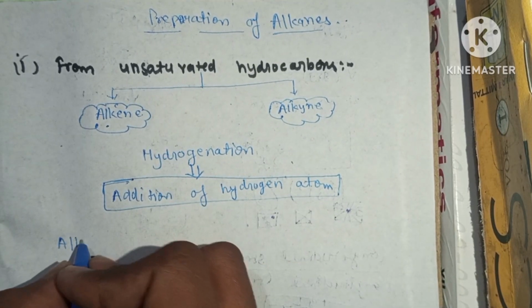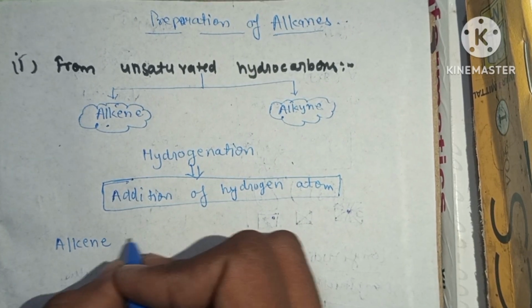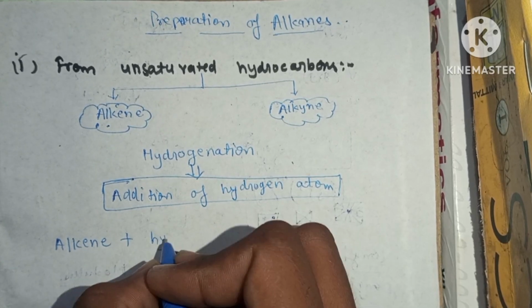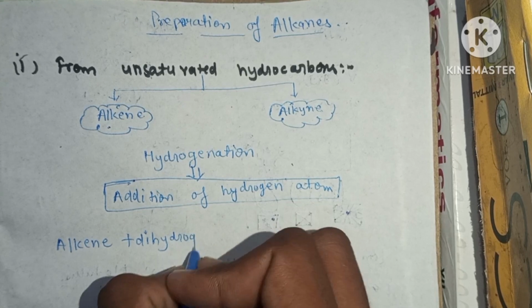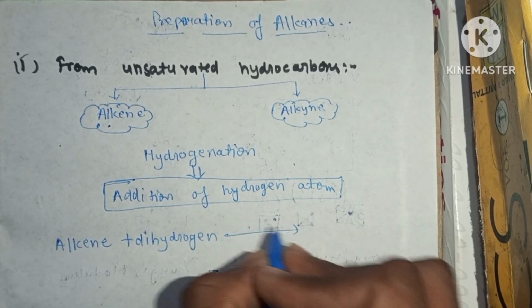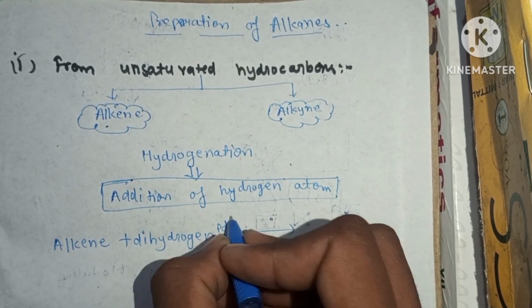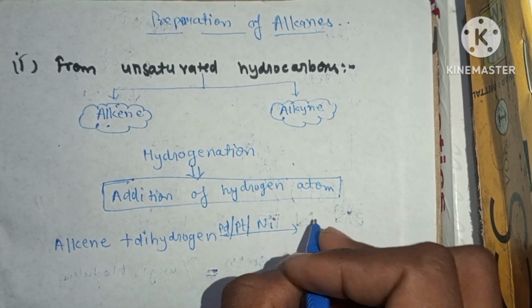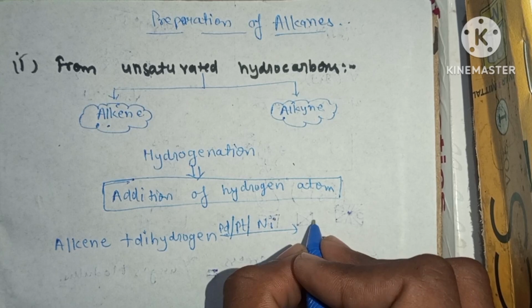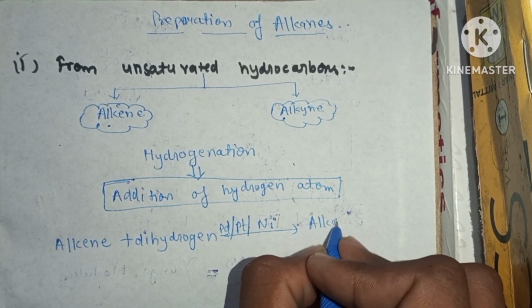alkene plus hydrogen, dihydrogen, in the presence of palladium, platinum or nickel catalyst to obtain alkanes.